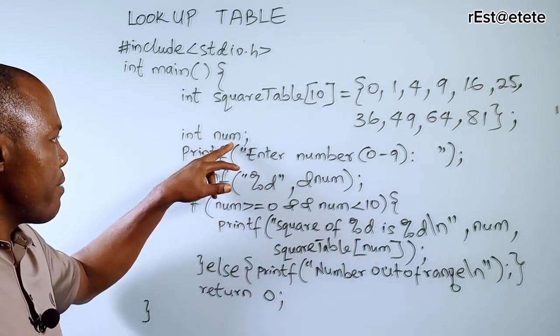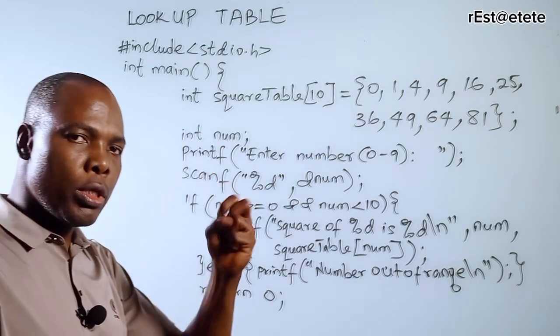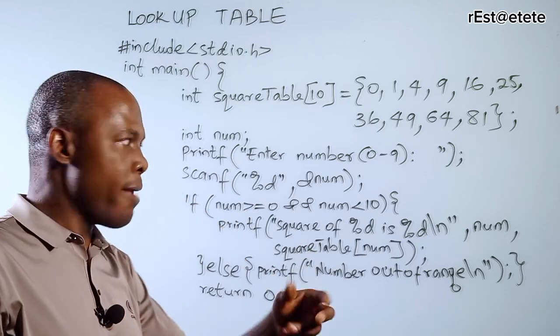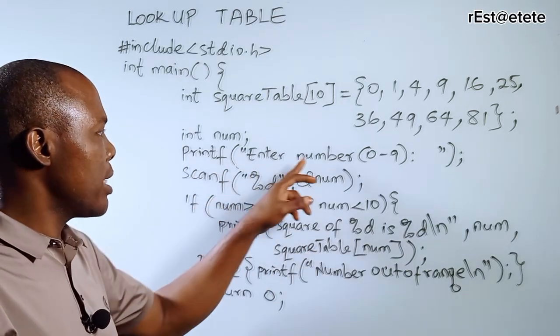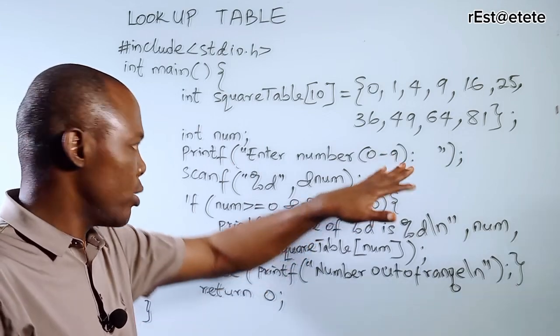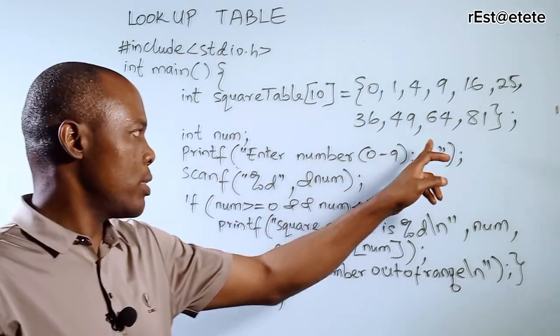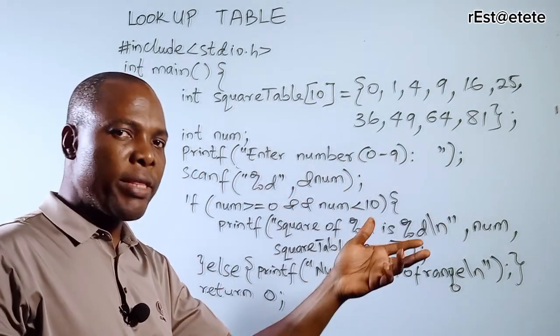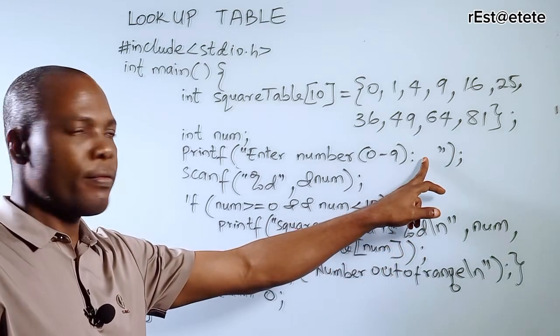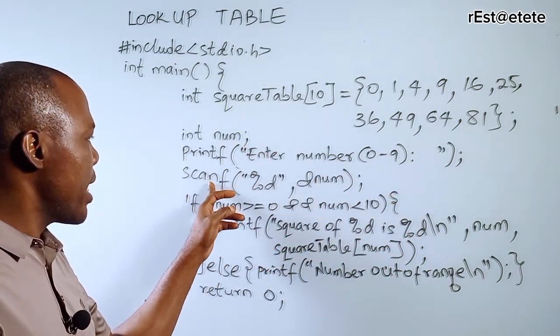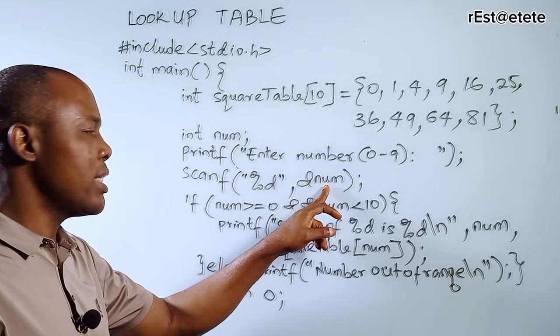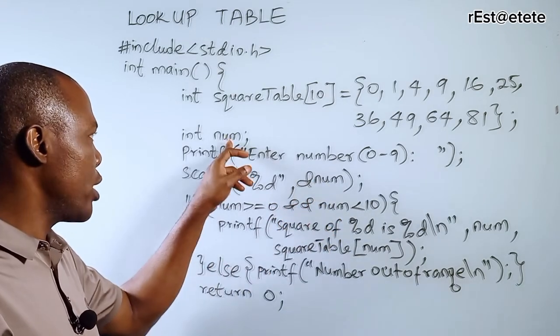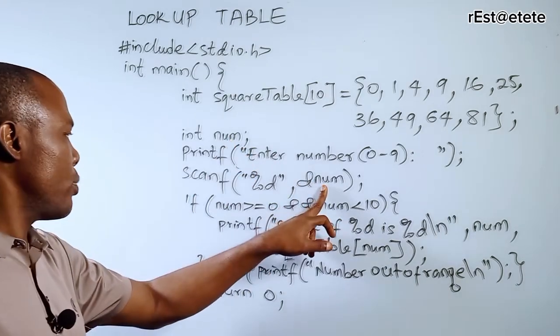Then I created another variable num, which will hold the value I'm going to supply. So printf will print out enter number 0 to 9 on the screen with this space here. Then I will type in a number. Let's say I put in 5. Scanf will take that 5 and put it at the address of num. So it will store it where this num is.